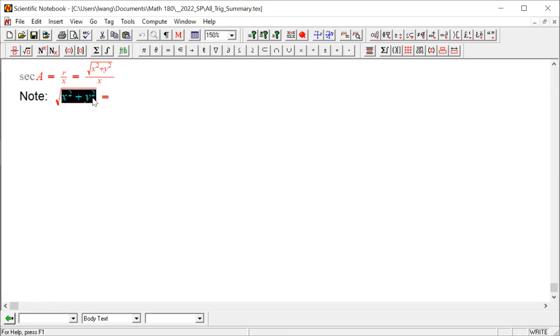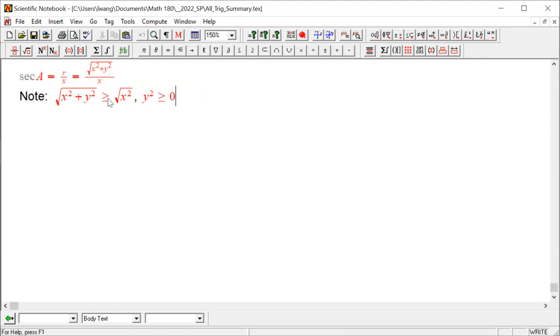So, x squared plus y squared. We know that y squared is always going to be at least 0. So if I replace y squared by 0, this piece is going to be greater than or equal to x squared, because y squared is at least 0.